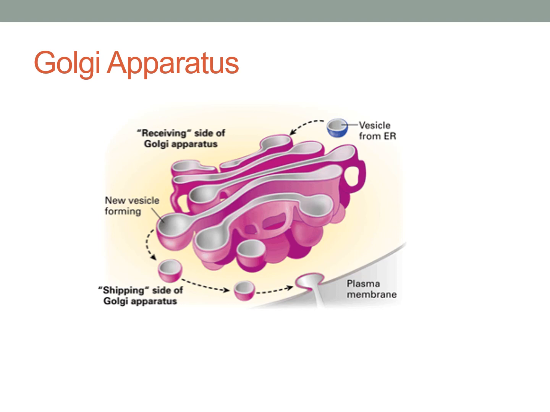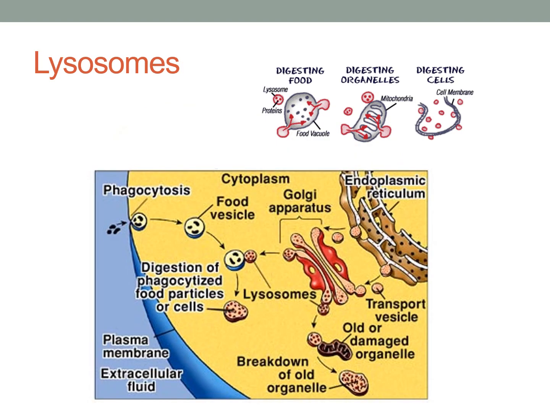It's also going to make some of these little things, which are called lysosomes. A lysosome is a little sac with digestive enzymes inside of it. We use it to break down food particles.